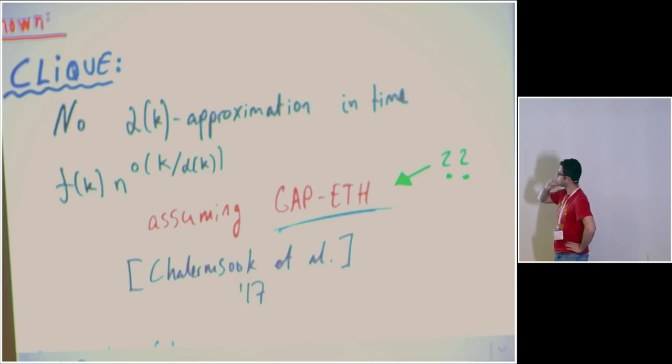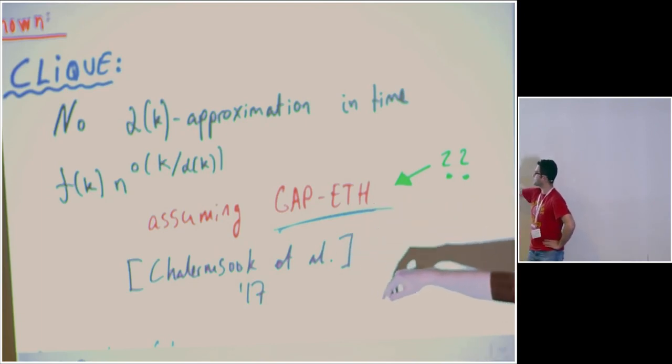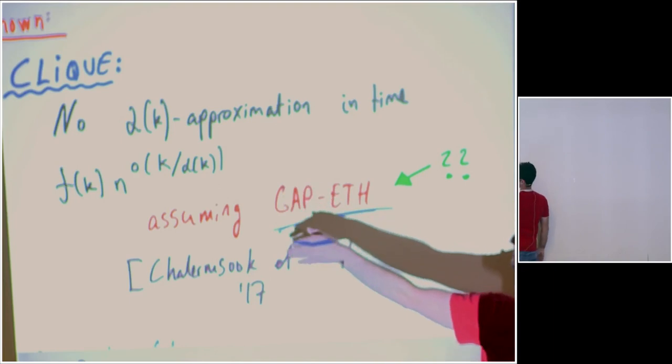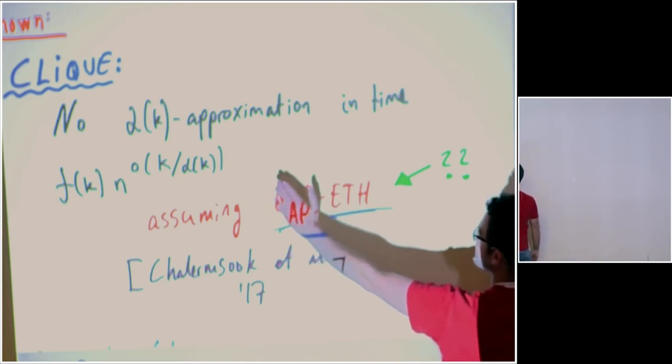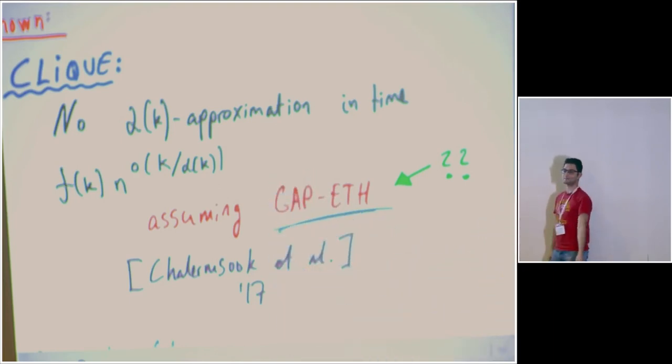So, okay. So right now we know that there is, for clique, assuming gap ETH, which if you don't see gap, then assuming ETH, okay, you know what ETH is. It says that you have no alpha of k approximation, so you have no approximation algorithm with factor alpha of k in time f of k n to the little o of k over alpha k.